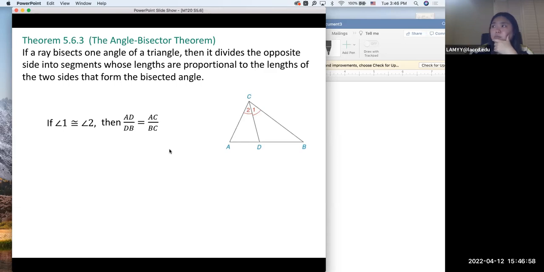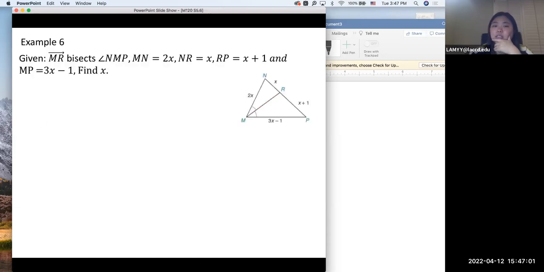Okay. Okay, try this example. Same idea. MR bisects angle NMP. And then I want you guys to find the x here. Try.